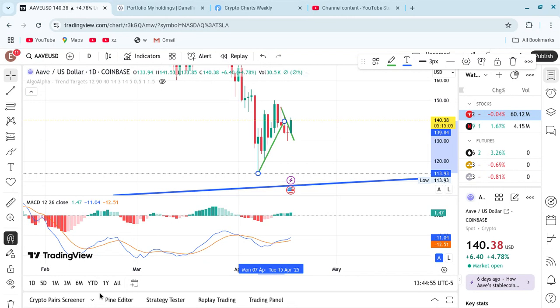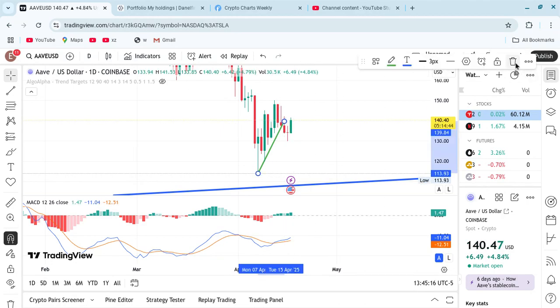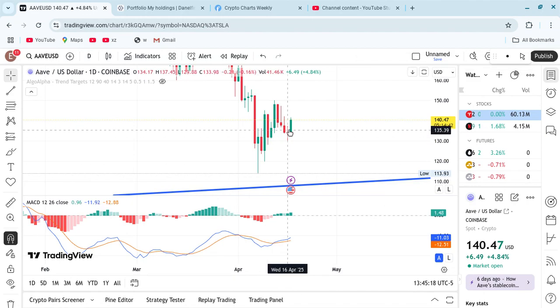So this is the daily, and I like the signal on the daily. For example, right now we have a bullish daily candle, let me delete this one, which I've already shown you. These are very important candles. You see this one, is it a morning star?